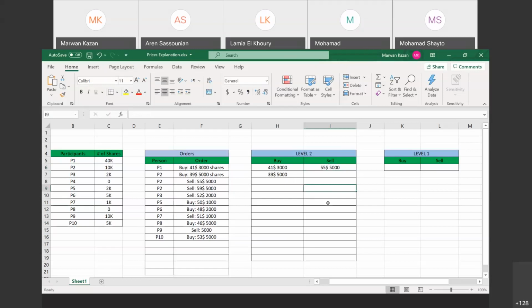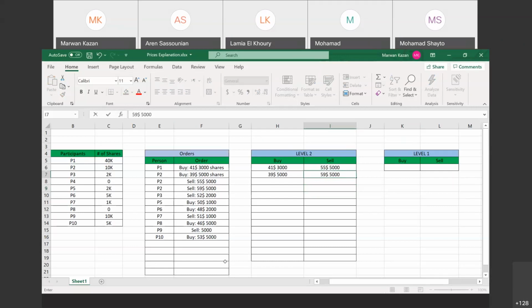Here are the sellers, these people want to sell. If you want to buy, you're gonna buy from someone who's selling for 55 rather than 59, so you buy from the 55. That's why it's opposite here. The lowest one comes first. So the 55 first, then the $59 will come, 5,000 shares.